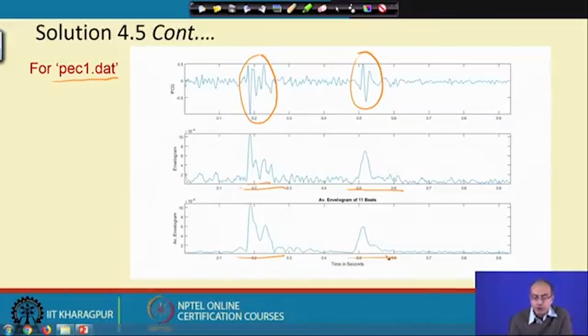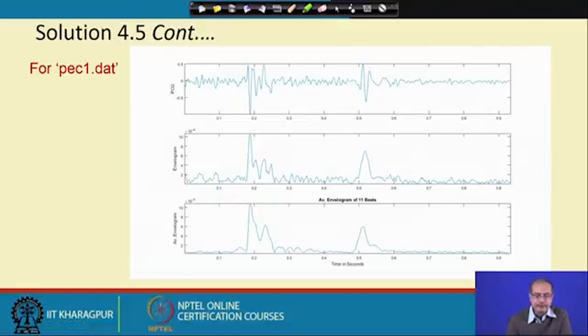And correspondingly, the perturbations outside S1 and S2 are also reduced to a good extent. Okay. So, that makes the envelope more appropriate for representing the signal.